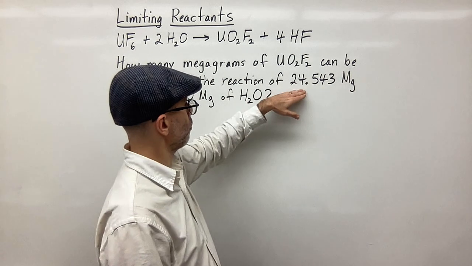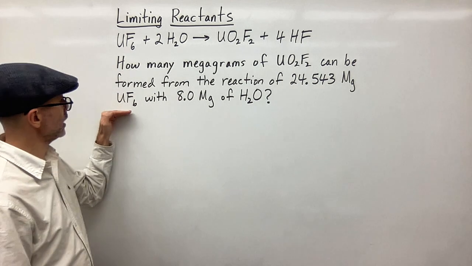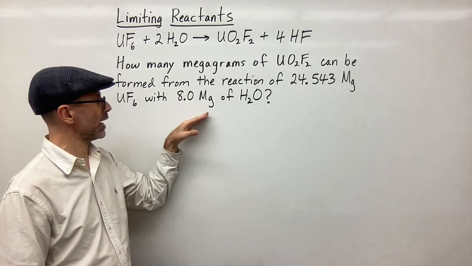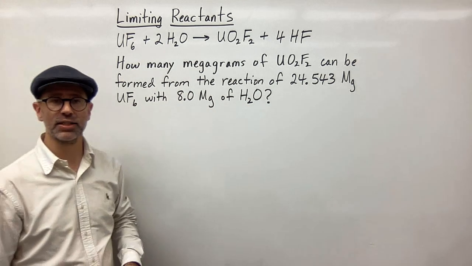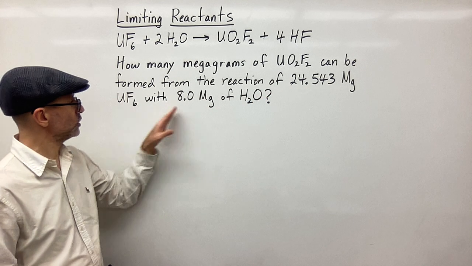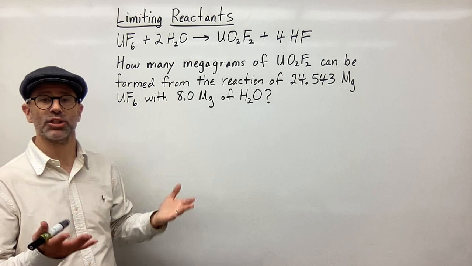So 24.543 megagrams of UF6, which is one reactant, with 8.0 megagrams of H2O, which is the other reactant. So here they're giving me two different amounts of both of my reactants, and they're asking how much is formed.